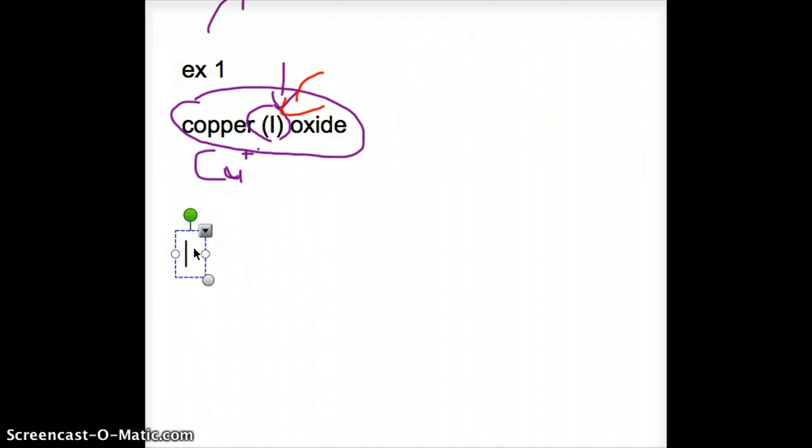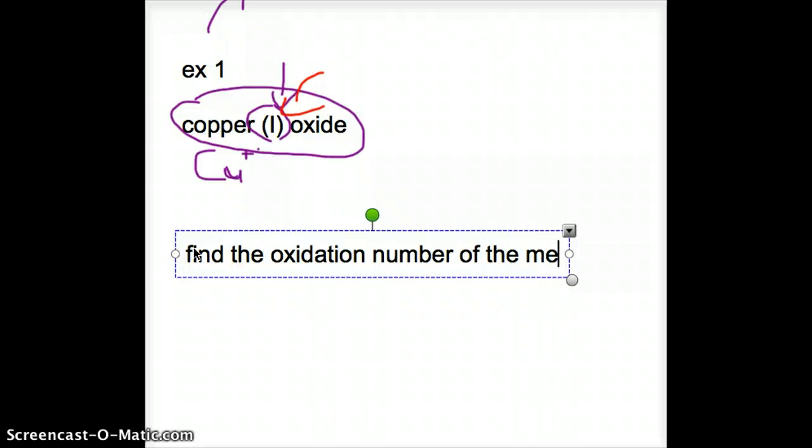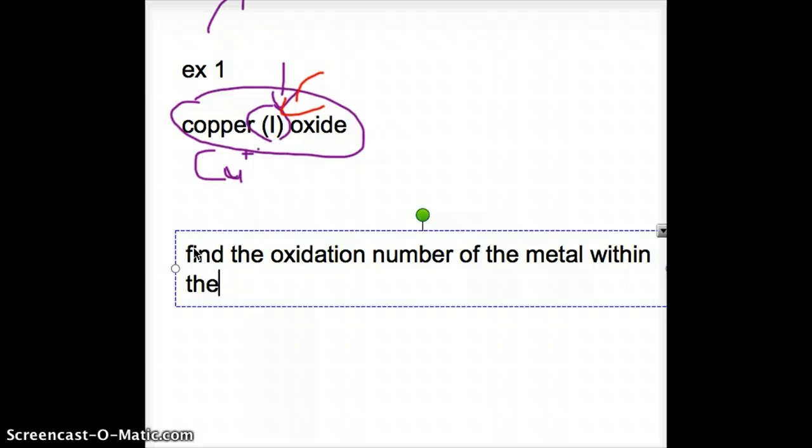So step 1, we stated that we would have to find the oxidation number of the metal within the written compound.